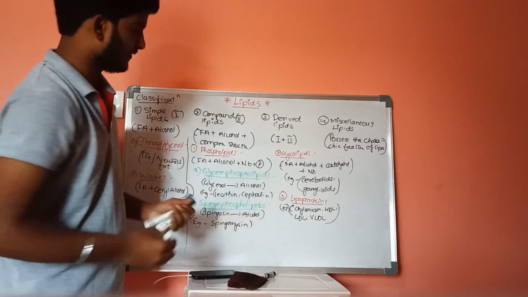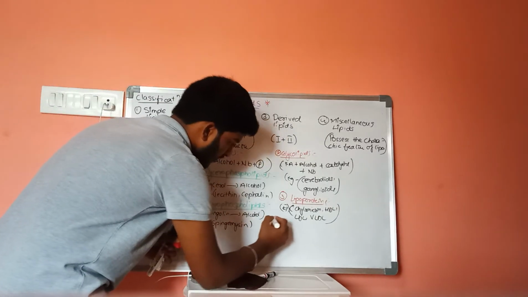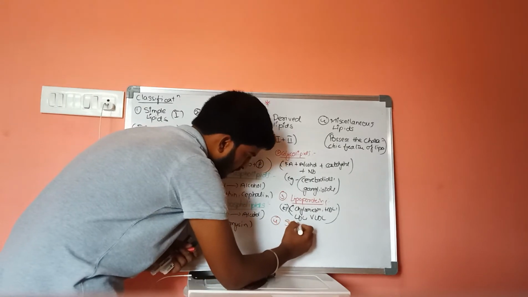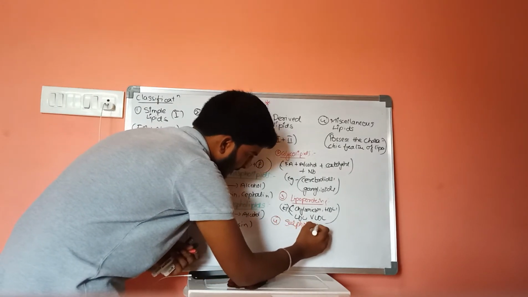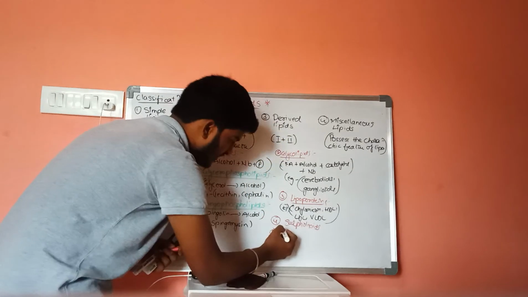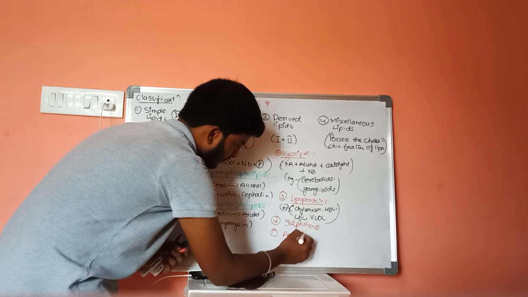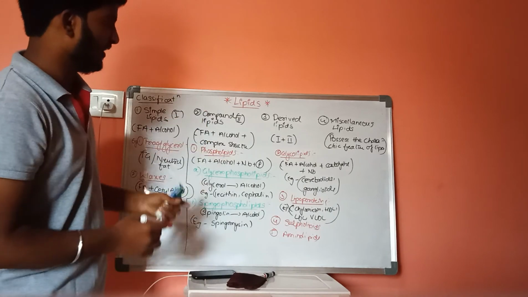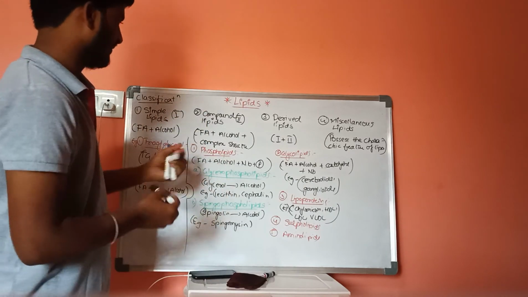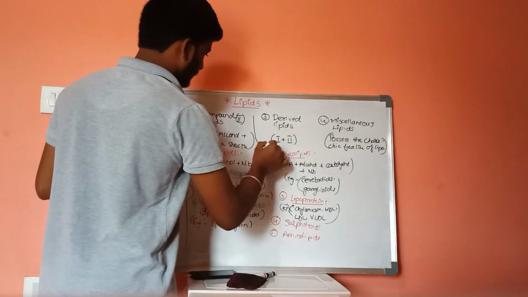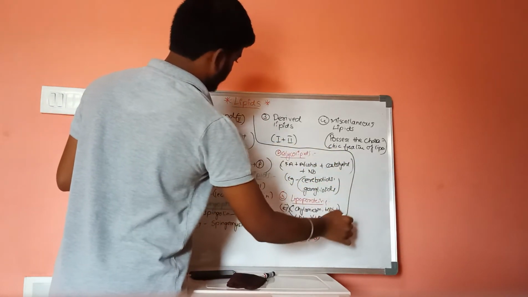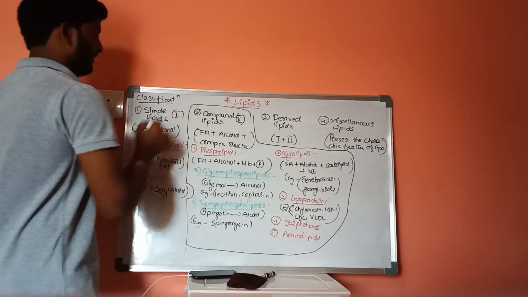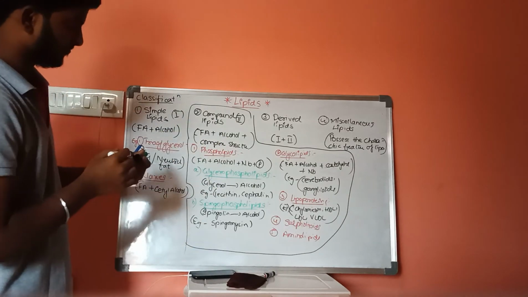The fourth type is sulfolipids, and the fifth one is aminolipids. These are the five different types which can be discussed under compound lipids.